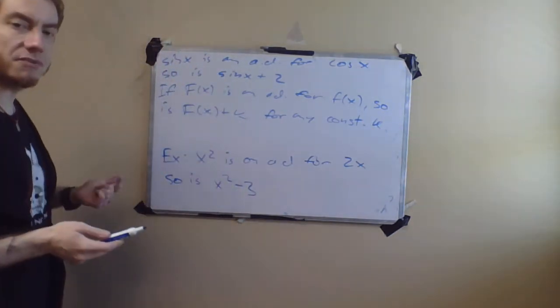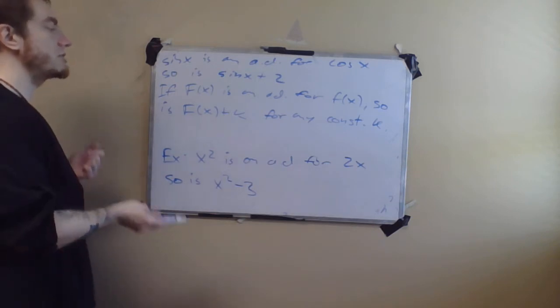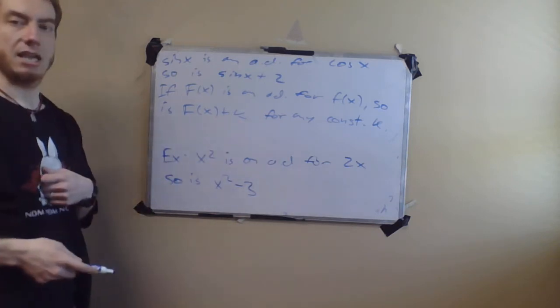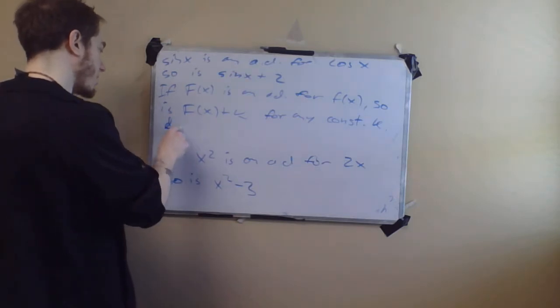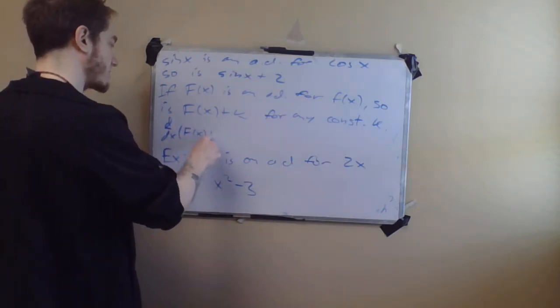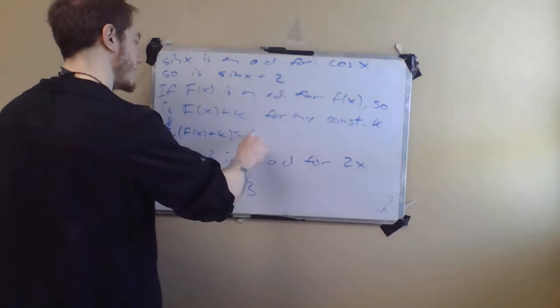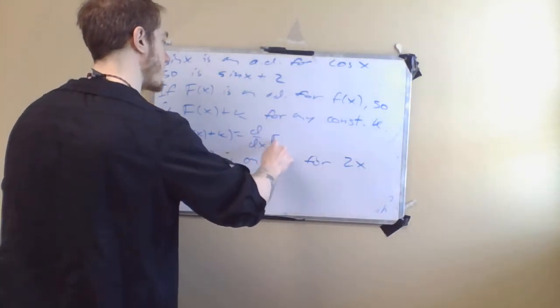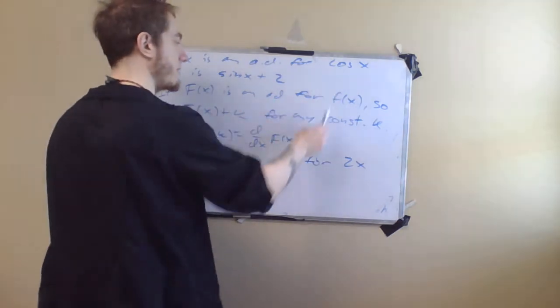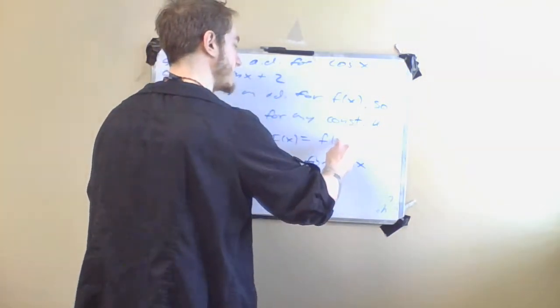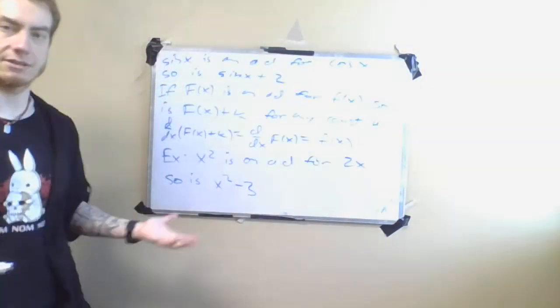And the reason for this is not anything really that tricky when you think about it. The reason for this is simply because if I take the derivative of a constant, it's 0. And so the derivative of capital F of x plus K is equal to the derivative of capital F of x. But if capital F is an antiderivative for little f, then this is still just equal to little f of x, okay?